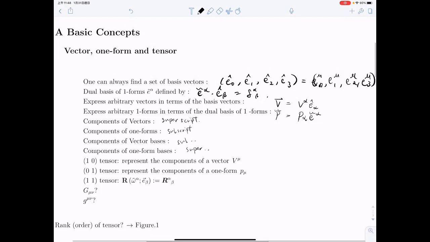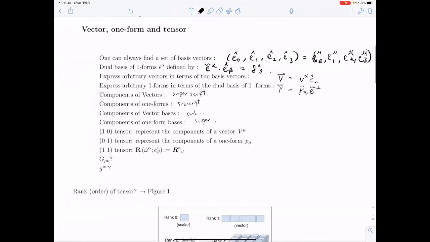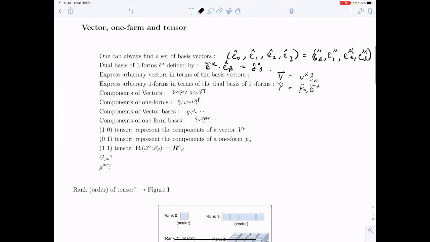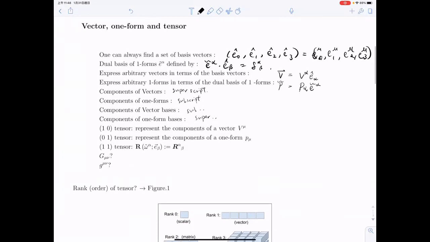Let me introduce one more basic concept: what we mean by a (1,0) tensor or a (0,1) tensor or a (1,1) tensor. It just describes how many indices are superscript and how many are subscript. A (1,0) tensor represents the component of a vector, V mu.